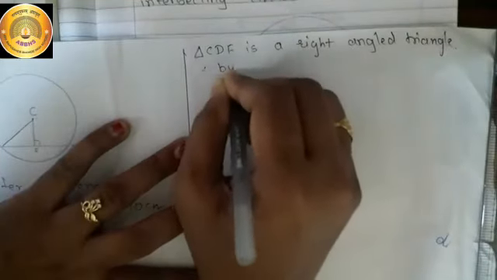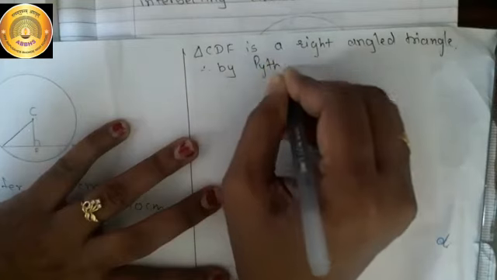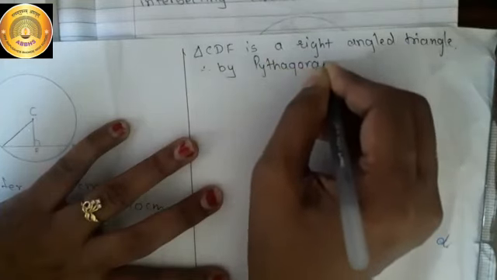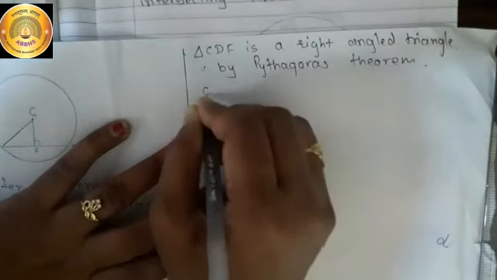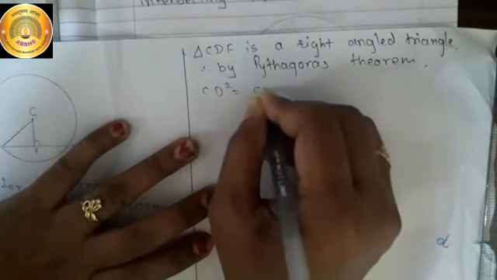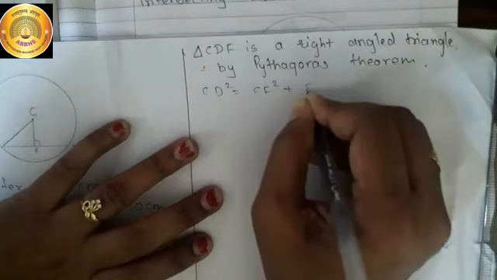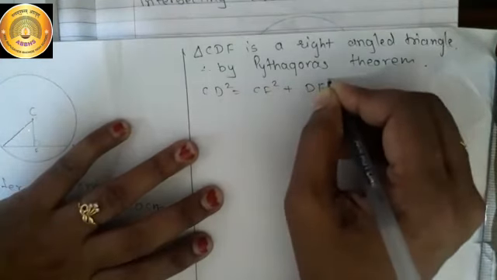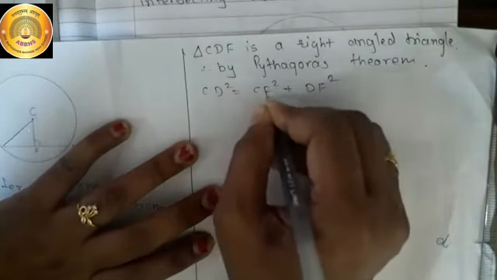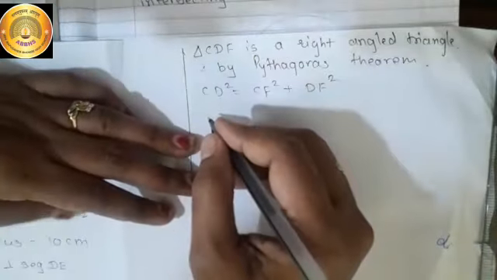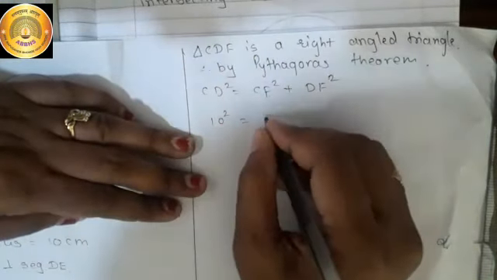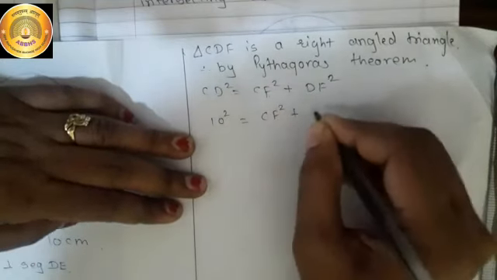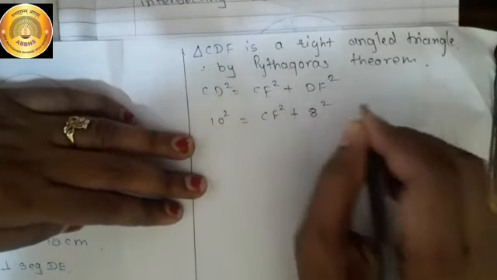Therefore, by Pythagoras theorem, CD squared equals CF squared plus DF squared. CD is the radius, 10 squared, CF is the unknown, and DF is 8 squared.